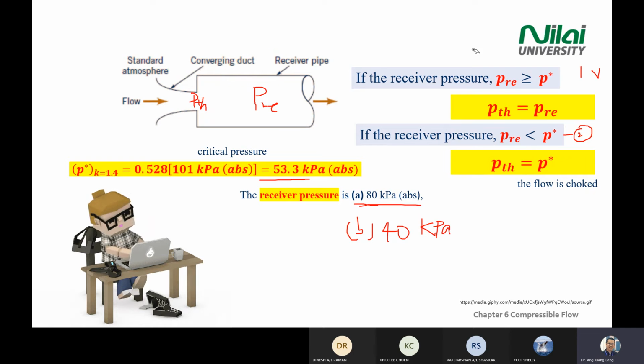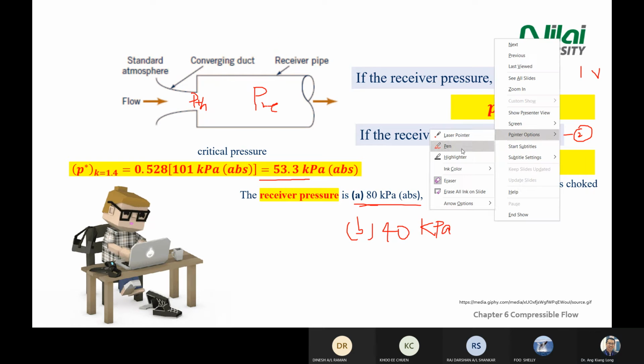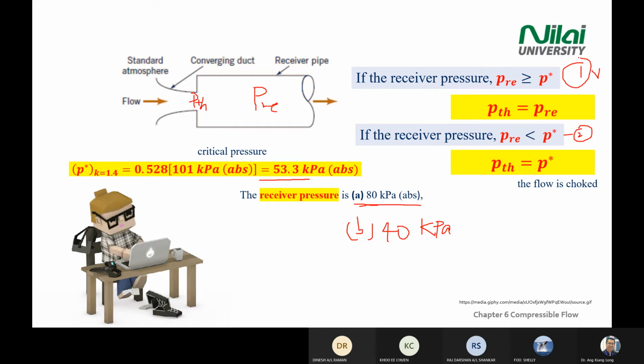Scenario 1 or scenario 2? Scenario 1. Do you understand these two statements or not? Do you understand what I mean by 1 and 2?